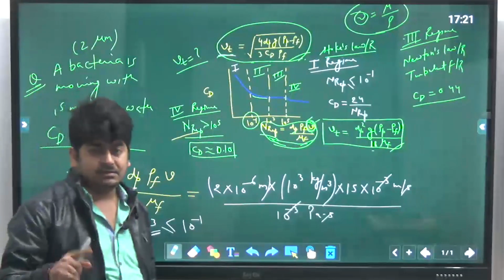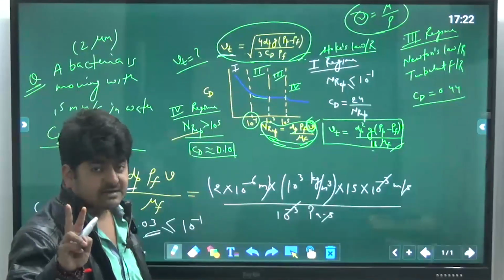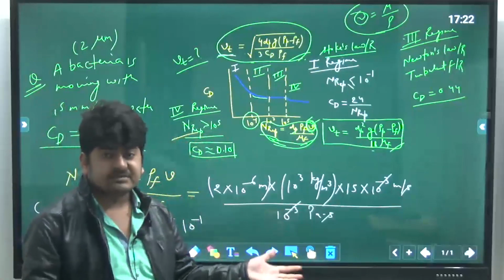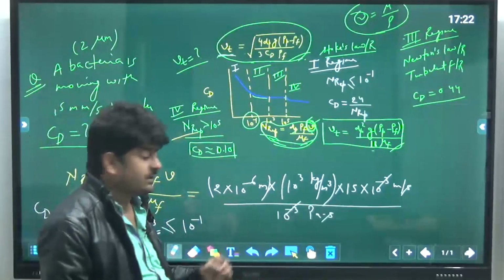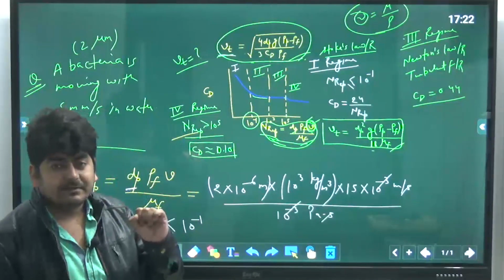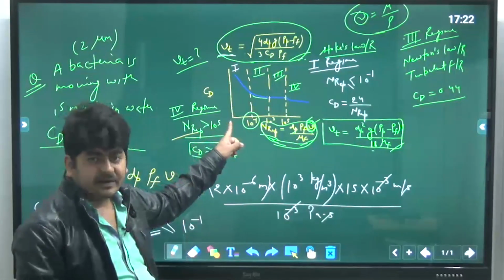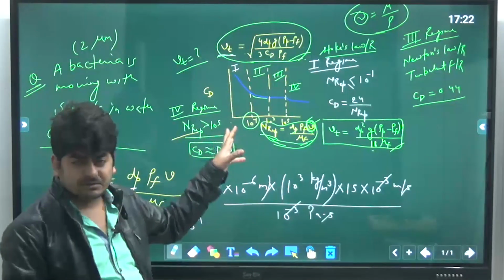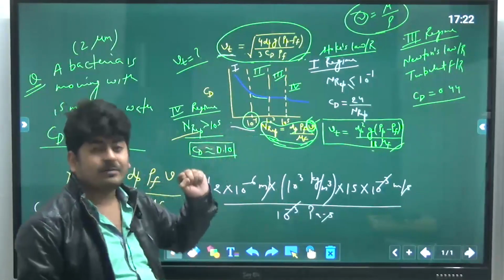Now remember, if they ask, two things they can ask, the variation in the numericals. If velocity is not given, or regime is not given, or even if the regime is given. In the laminar flow regime, in the Stokes law regime, we don't know the minimum value of particle Reynolds number, but we know the maximum value of particle Reynolds number, that is 10 to the power minus 1.